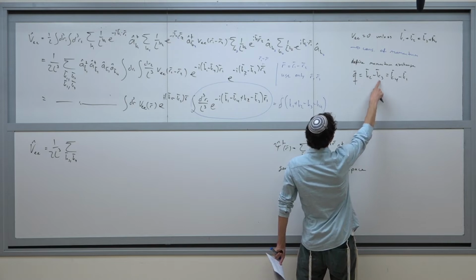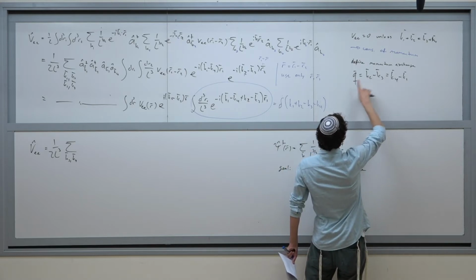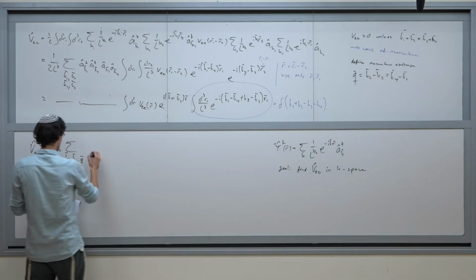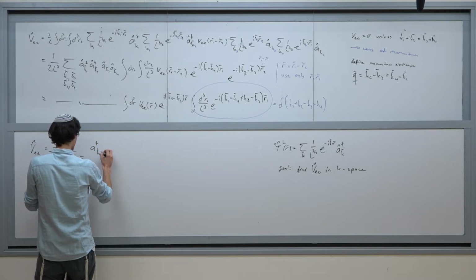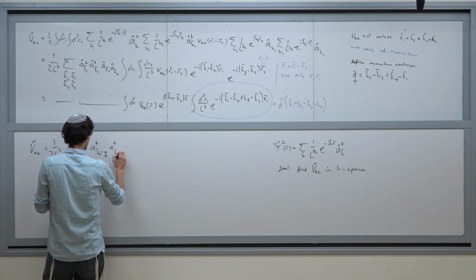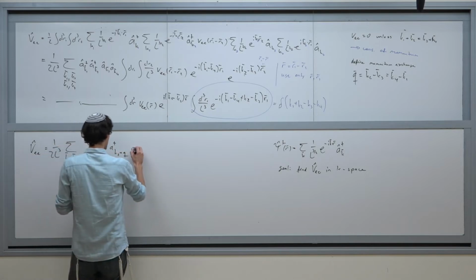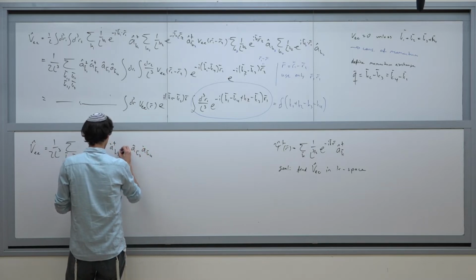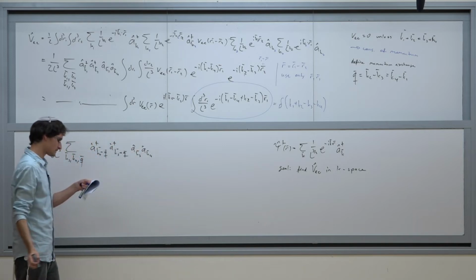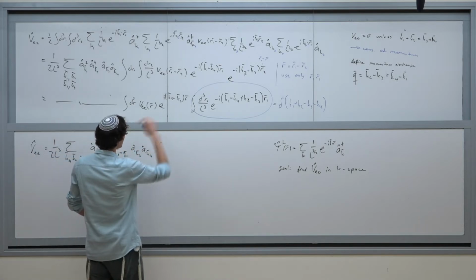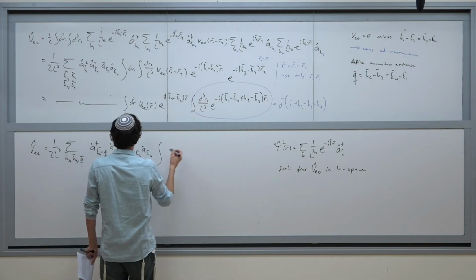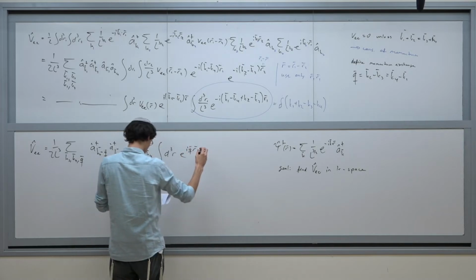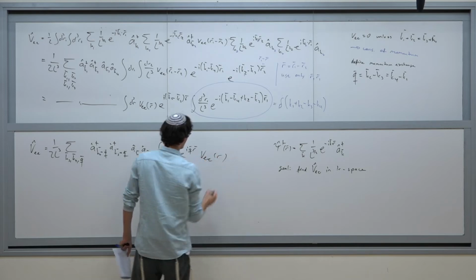So k2 is k3 plus Q and k1 is k4 minus Q, right? So I have a sum over Q as well. And then there's a dagger of k4 minus Q, a dagger of k3 plus Q, a k3, a k4, and there are hats everywhere, and vectors everywhere. And then I'm left with the integral, and also here, k2 minus k3, that's exactly Q, that's why I chose it this way. There's d3R e to the iQR times V_ee(R).